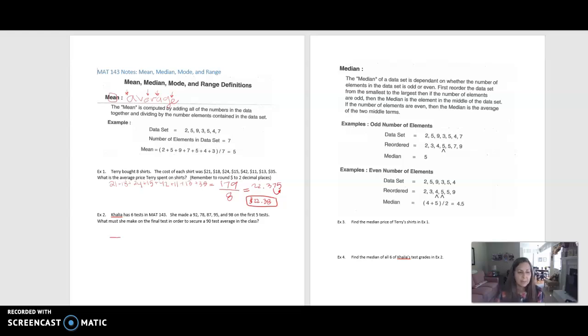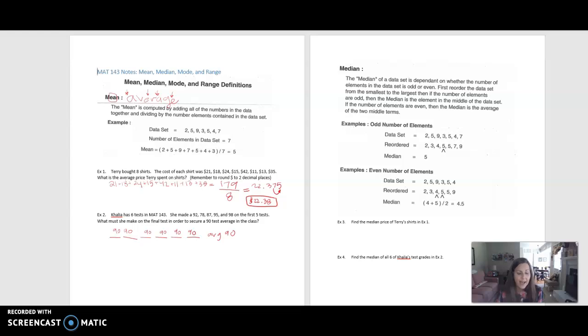But I'm going to put 6 blocks. 1, 2, 3, 4, 5, 6. And Kalia wants to have an average of 90. That's her goal. So just hypothetically, the girl could make a 90 on all 6 tests, and that would give her an average of 90. If you make a 90 on every single test, then your average is a 90.